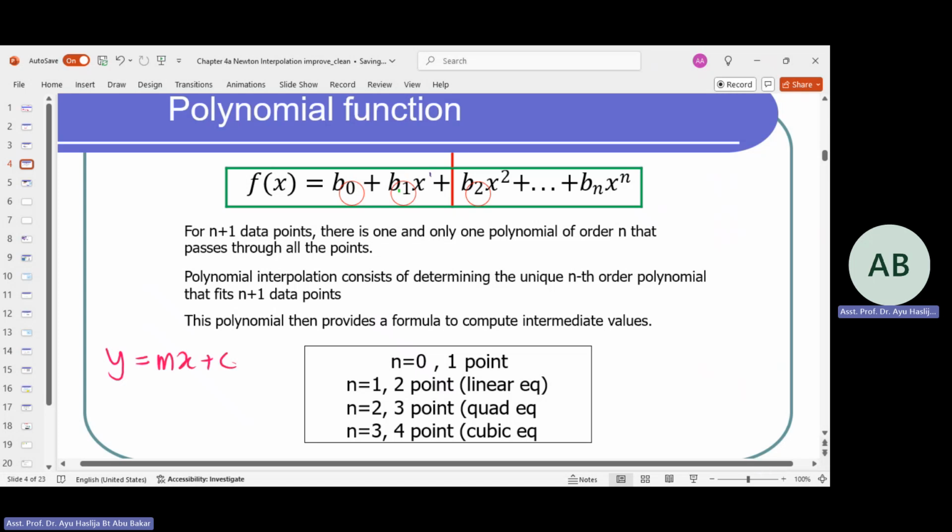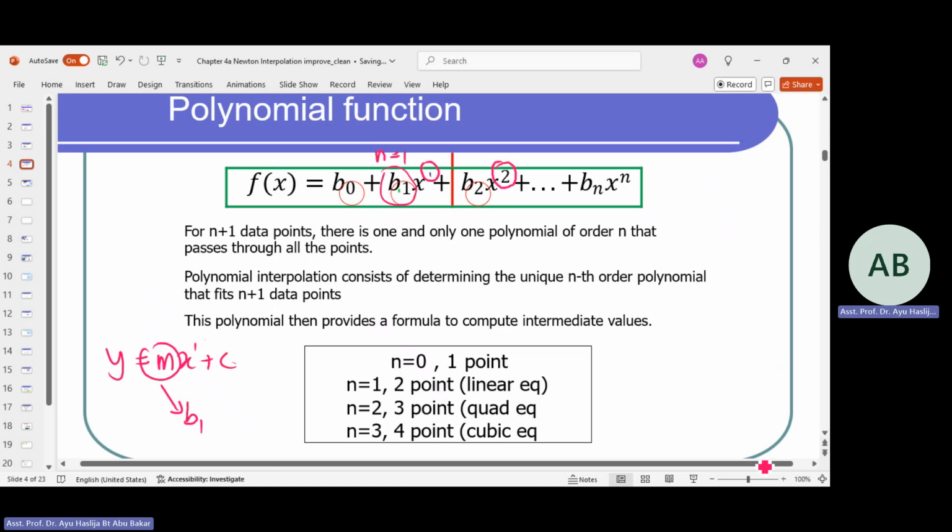So this x is power 1, and your b1 over here is equivalent to the m, the slope. As we increase the order, we focus here on the order. So linear is order 1, n equals 1.